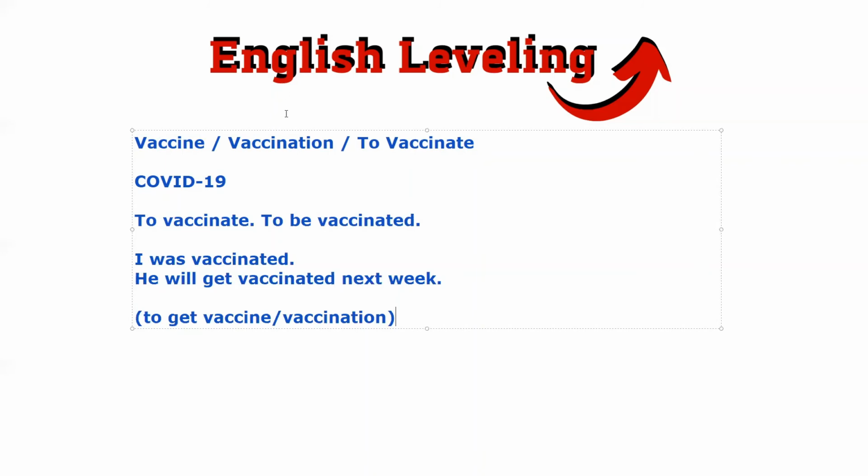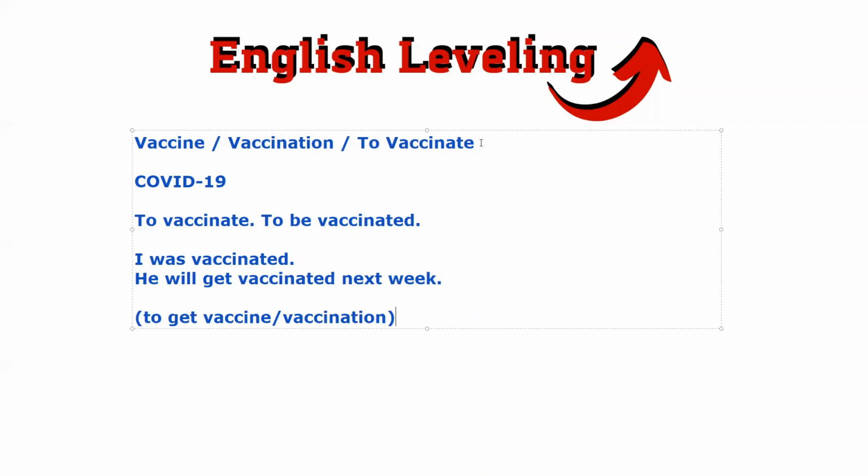So very simple. Vaccine, vaccination. I think you got the difference between the two, right? Vaccine is the substance given, whereas vaccination stresses the actual getting of the vaccine by needle, by injection, or by some other method. And then to vaccinate is the verb form of it, to get the vaccine.